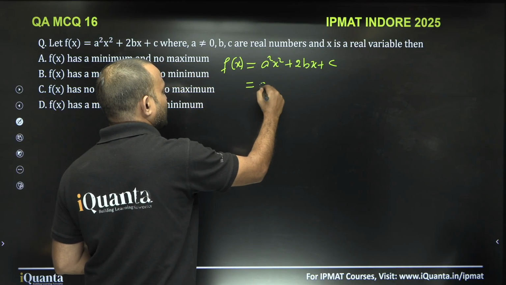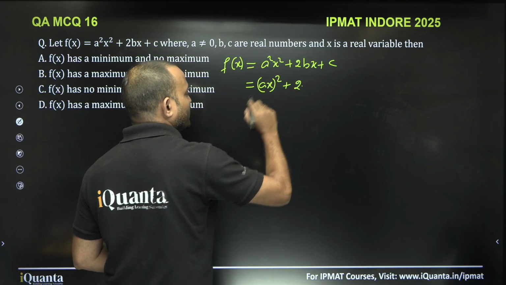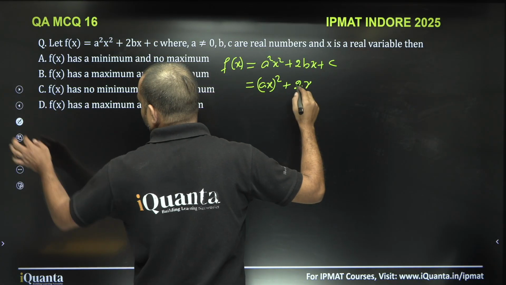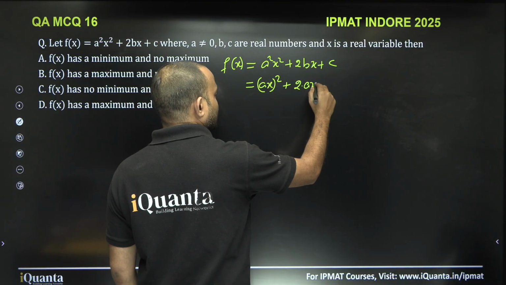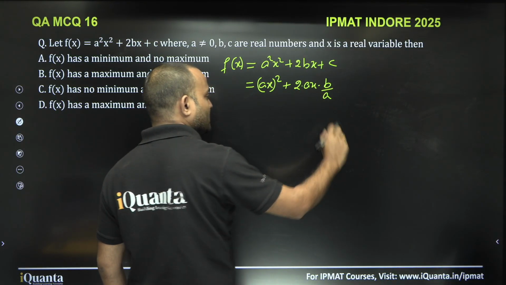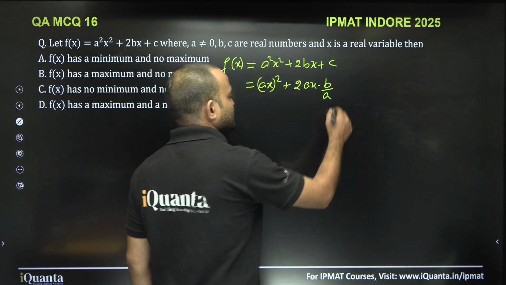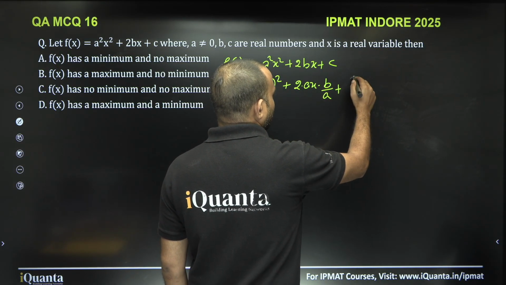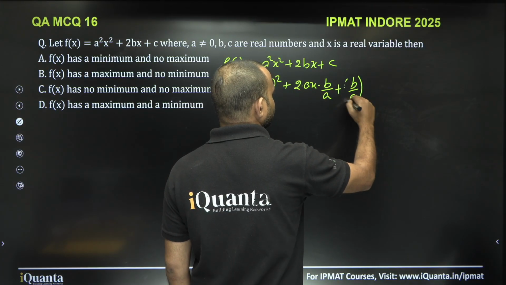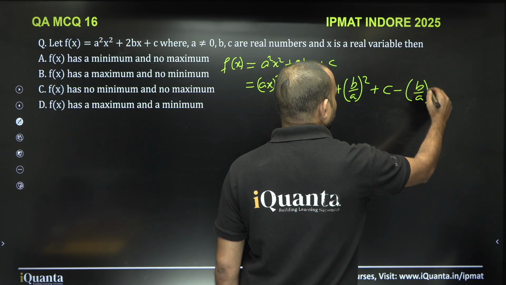Can I write it as (ax) whole squared? And this I can write as 2 into ax into b by a, this term being 2bx, plus, next it will be (b by a) whole squared, so plus c minus (b by a) whole squared.